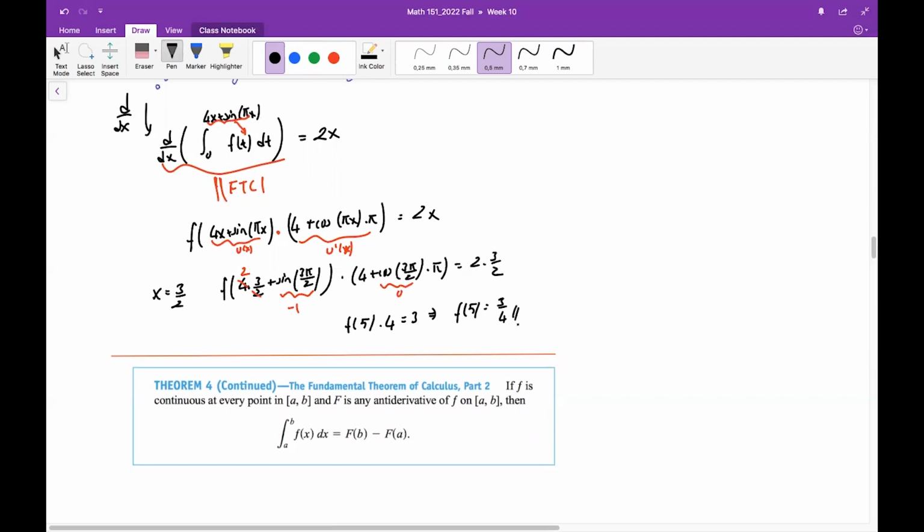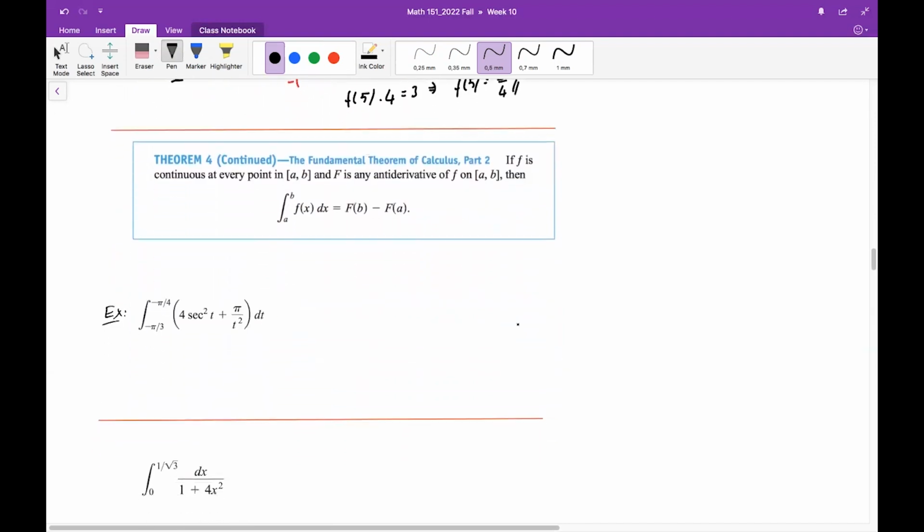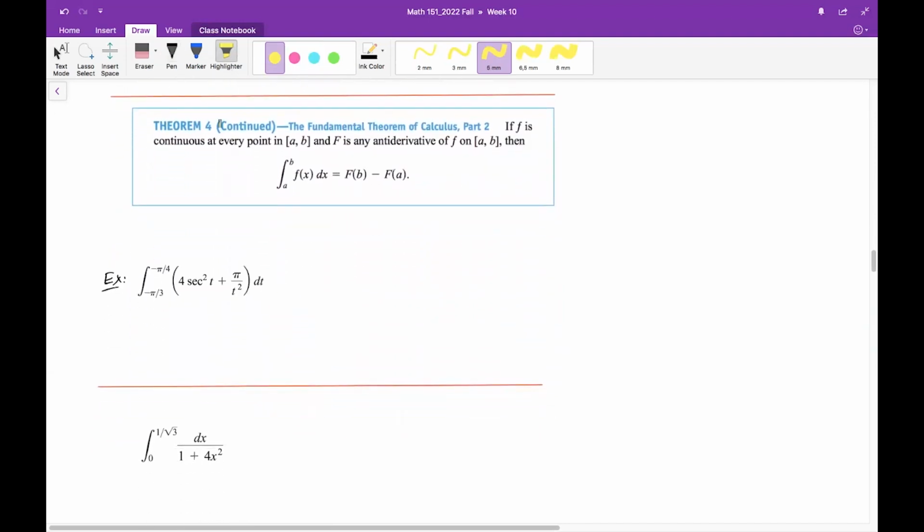Okay, so let's move on to fundamental theorem of calculus part 2. Okay, now part 2 we are covering. And this time, as I said, we are changing the order of integral and derivative. And I want to emphasize something here.